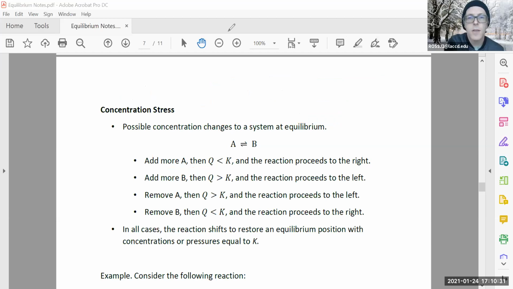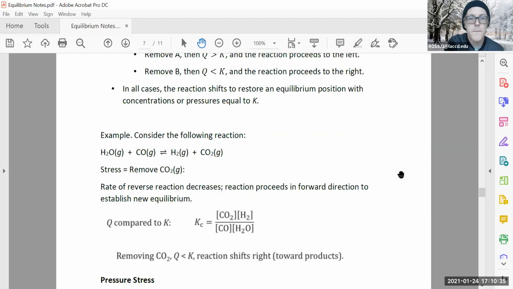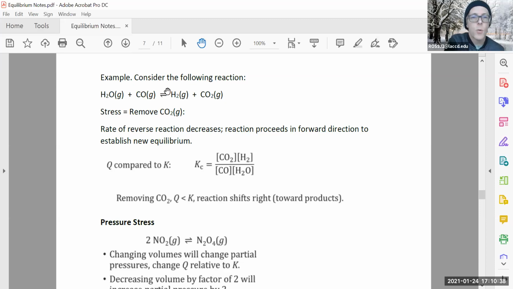Let's consider this example. We've got water gas and CO gas to give hydrogen gas and CO2 gas, and let's say the stress imposed now is removing CO2 gas.